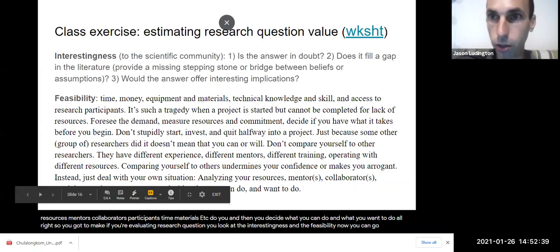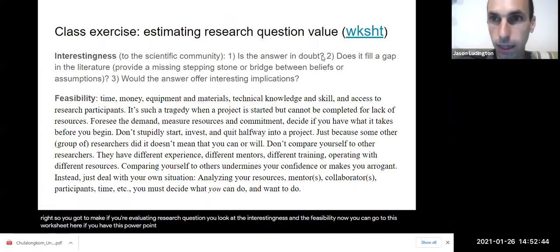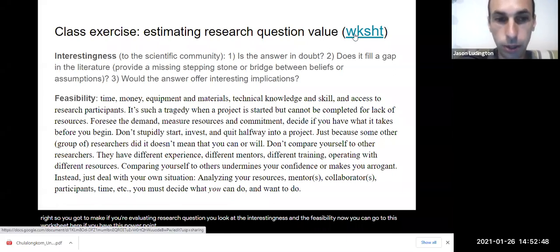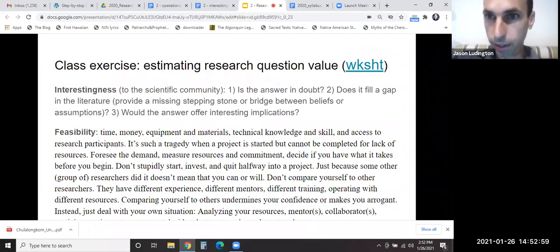Now you can go to this worksheet here. If you have this PowerPoint, you can click on the worksheet link that will take you. Can someone tell me, does the link work? Can you access it? But actually, let me just make this easier for you by providing the link in the chat box.